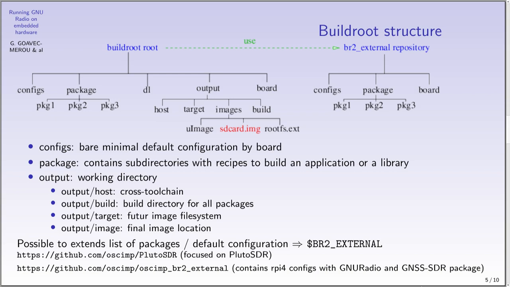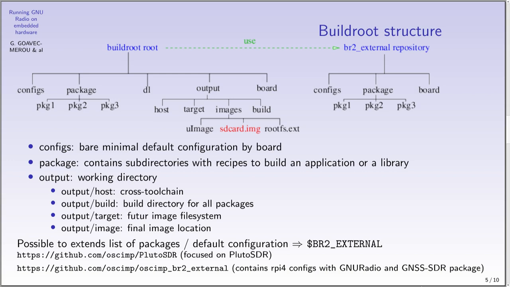Build directory is the location where all packages are extracted, configured, and built. Not the last. The target directory contains the image of the future disk image. This is where all packages are installed after the build step.